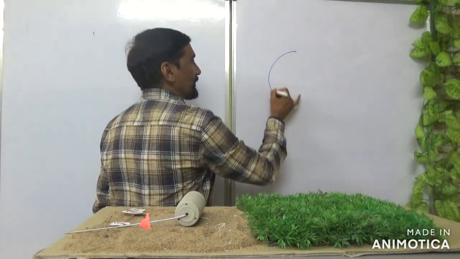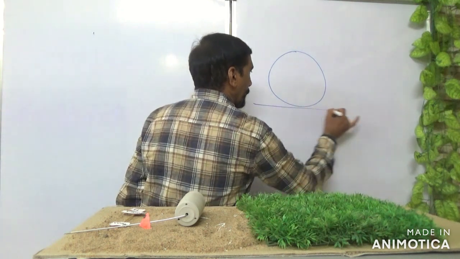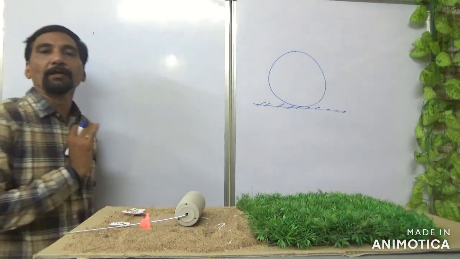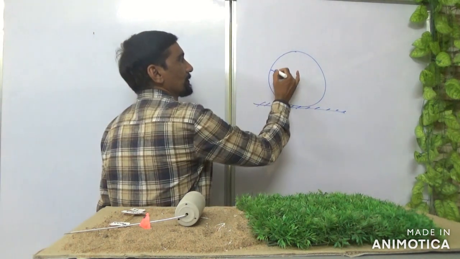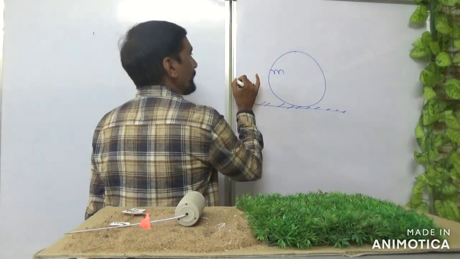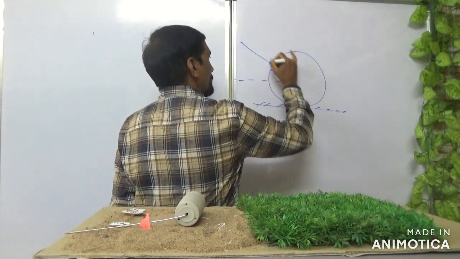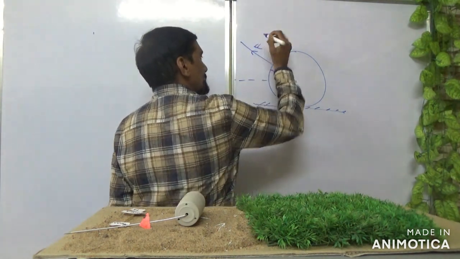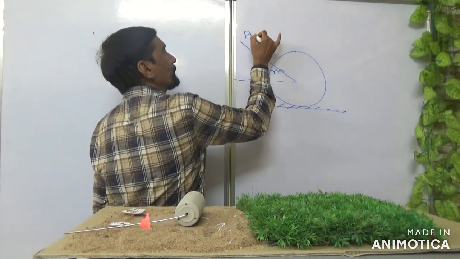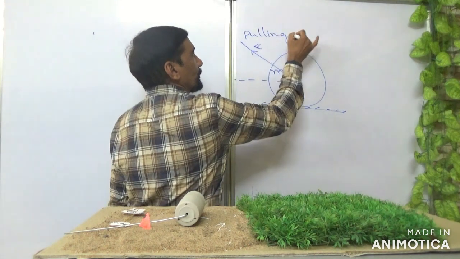Let us consider this is a lawn roller of mass m, with a horizontal force F applied, called pulling.